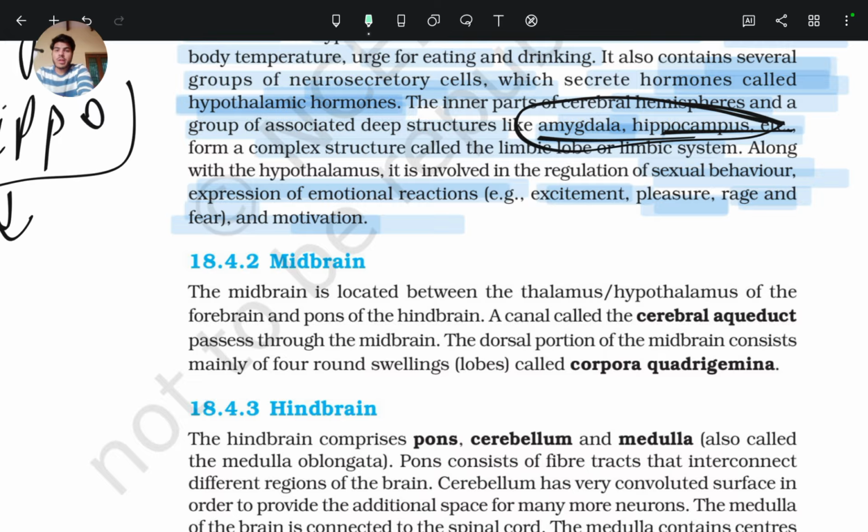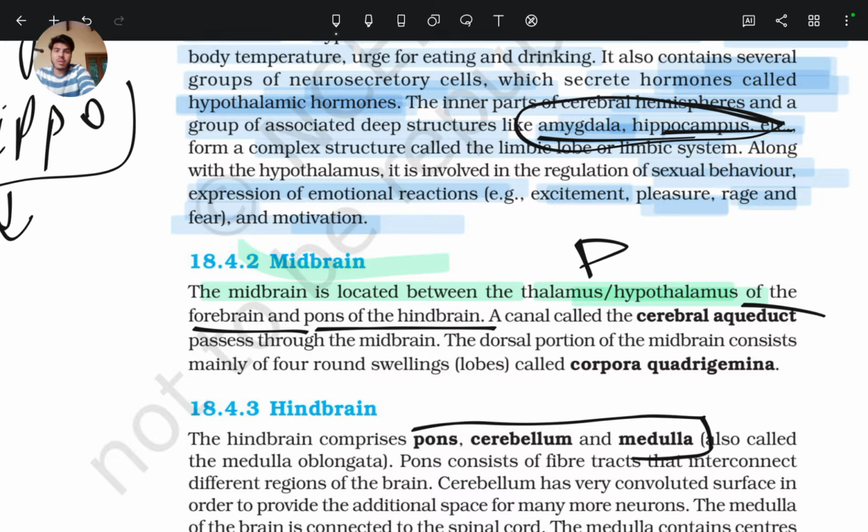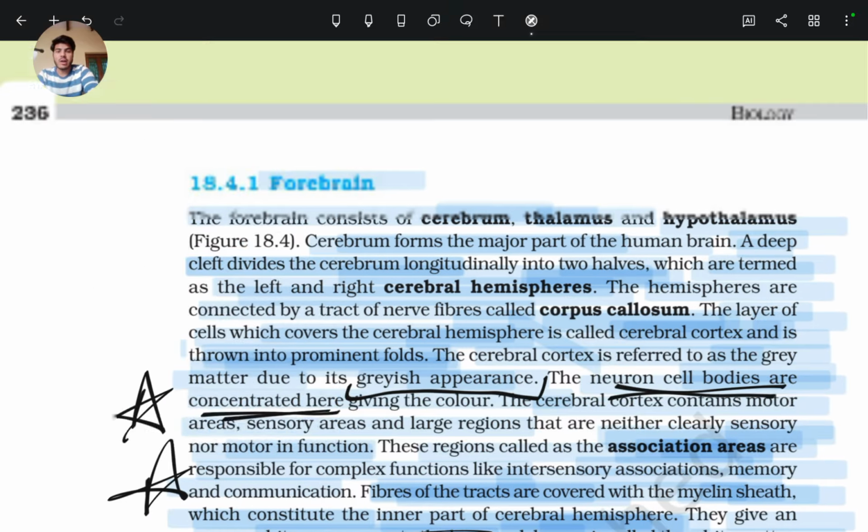So the next topic is the midbrain. The midbrain is located between the diencephalon part of the forebrain, that is the thalamus and hypothalamus, and the pons of the hindbrain. The hindbrain has three parts: pons, cerebellum, and medulla.